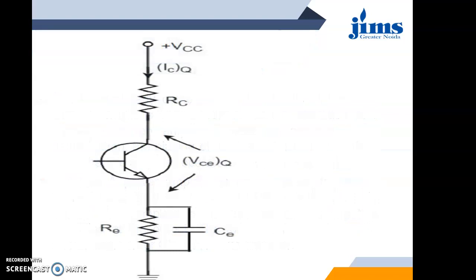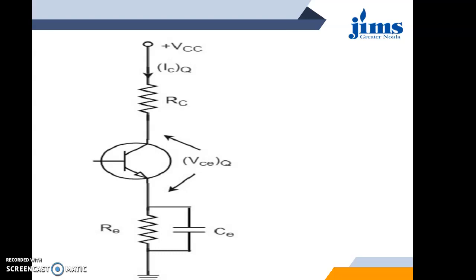So first of all, what is a Class A power amplifier? It is a power amplifier having a power transistor. A power transistor is a device which is different from ordinary transistors in that it has thicker base regions and thicker collector regions. It is bigger in size.